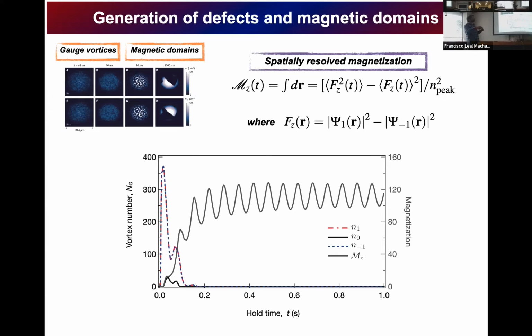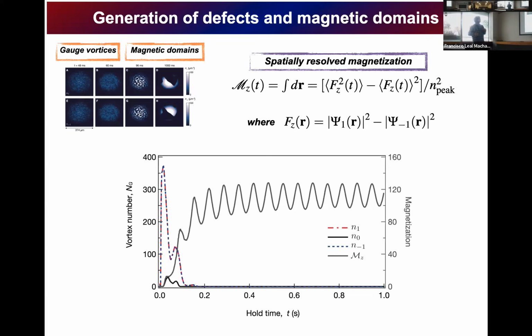However, you can see also the magnetization. What I plot here with the solid line is the magnetization, and in particular the fluctuations of the magnetization. Magnetization means that I take the imbalance between the plus and the minus component. I measure this, and then I normalize by the peak density at the center of my cloud.